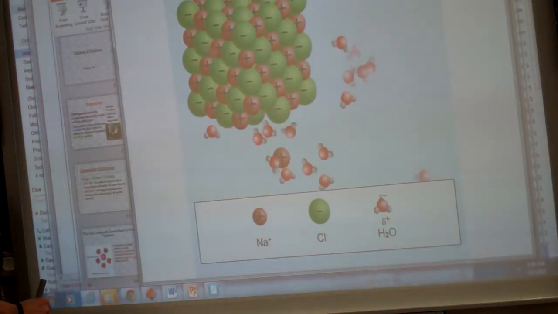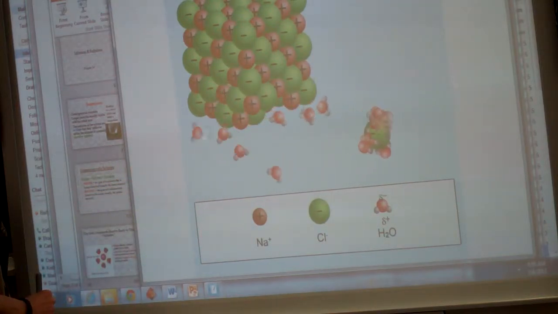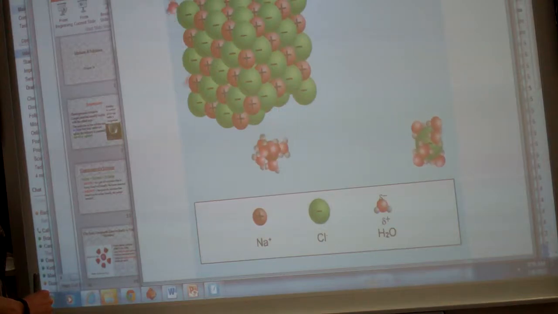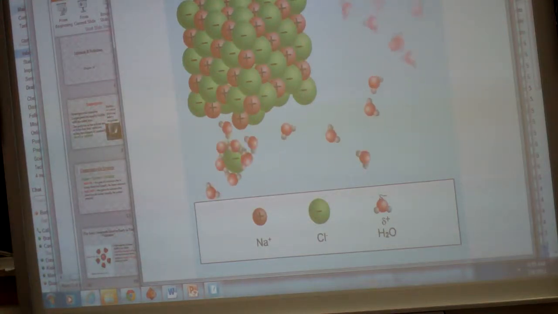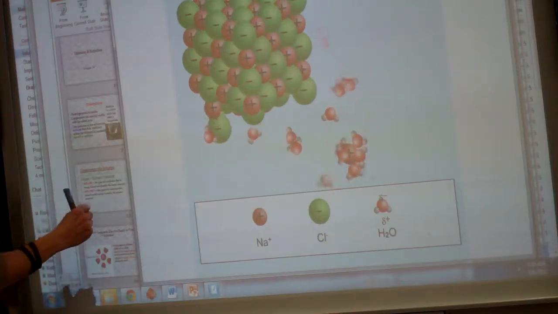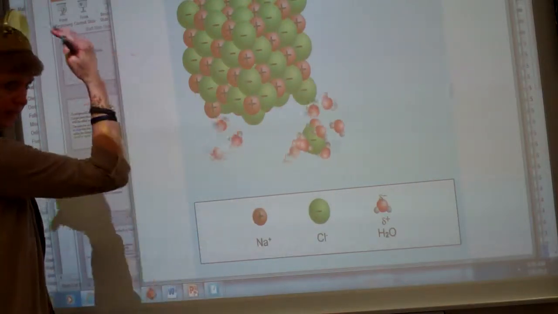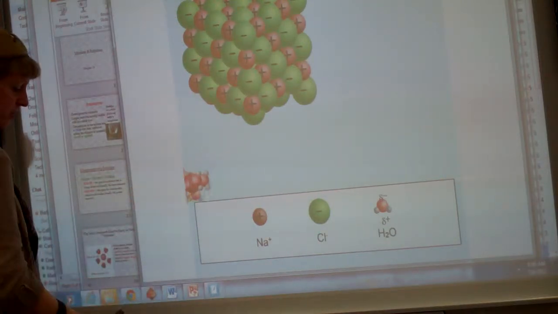The positive ends of the water molecules are attracted to the negative chloride ion. The negative ends of the water molecules are attracted to the positive sodium ion. This interaction between water and the salt ions keeps chipping away, causing the salt to break apart or dissolve in water. And again, notice how Mickey, with the negative, the ears are going. The positive ions are being attracted to Mickey's face.